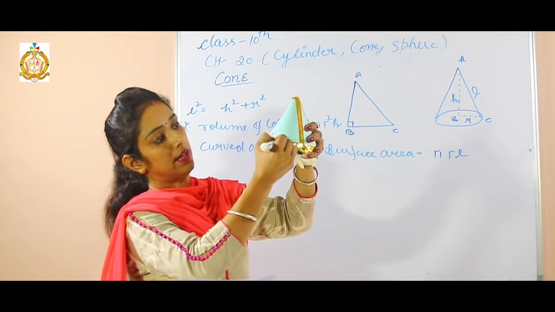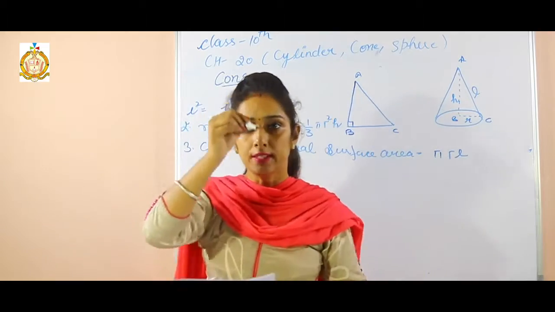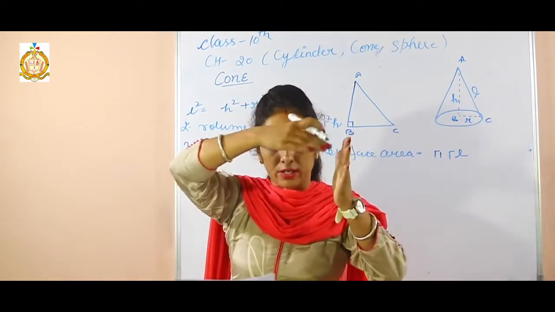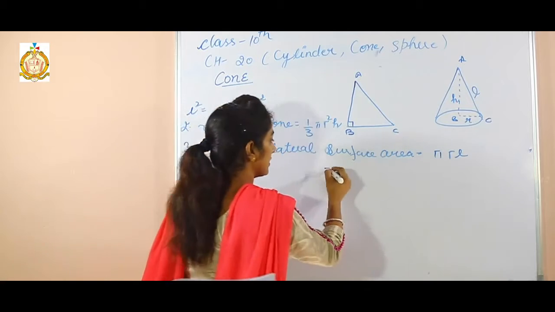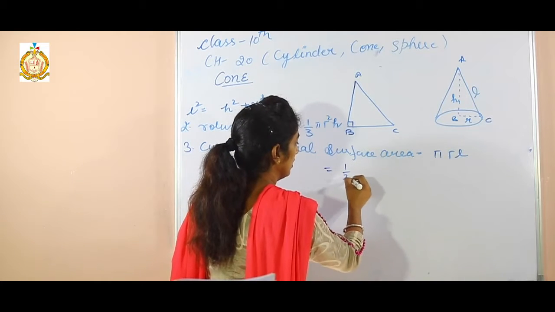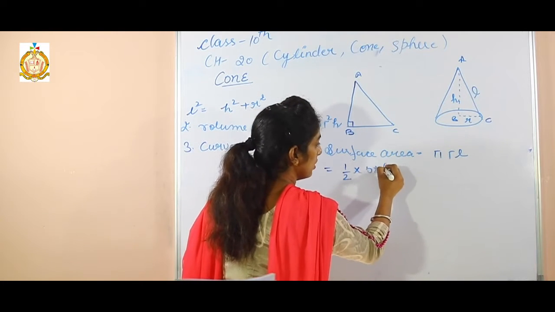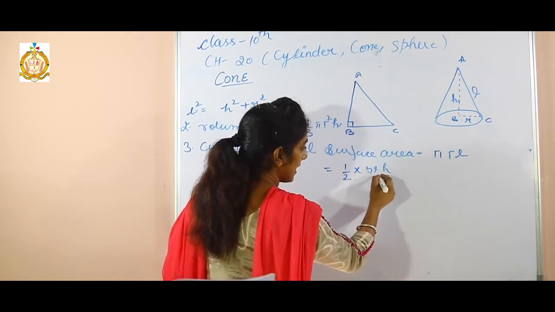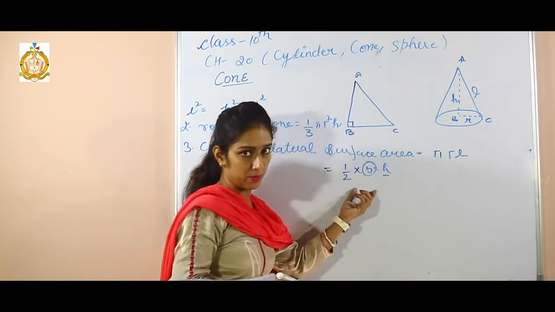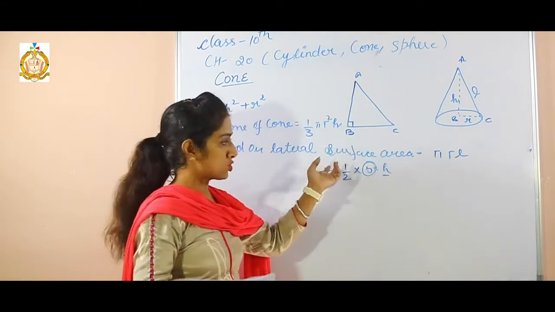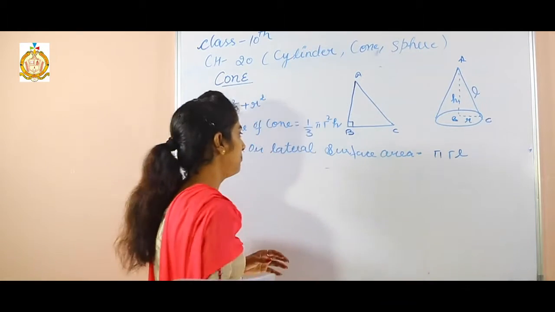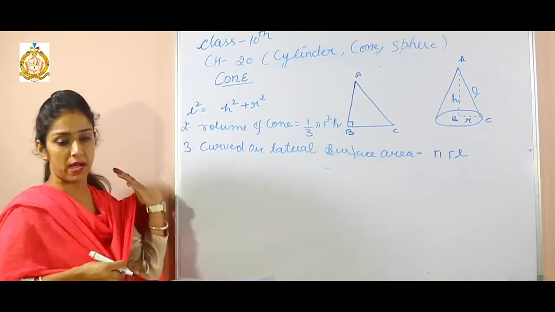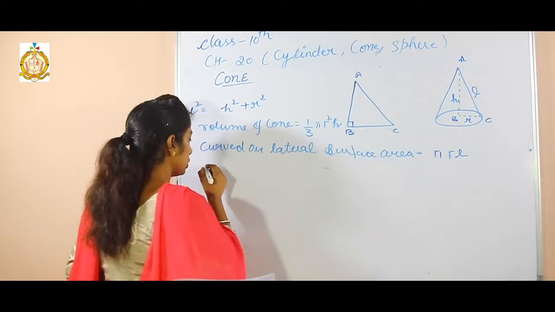So I get a triangle in the upper part and a circle in the lower part. The area is 1 by 2 base into height. Now the height is L and the base is pi R. So you can say that the curved surface area of a cone is pi R L.